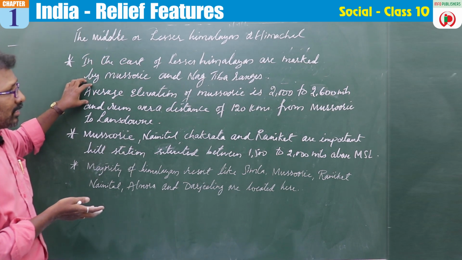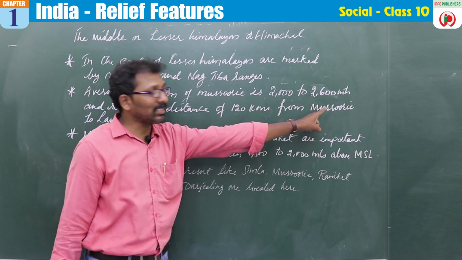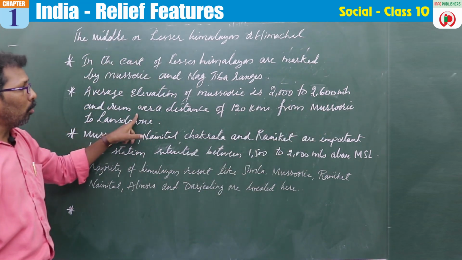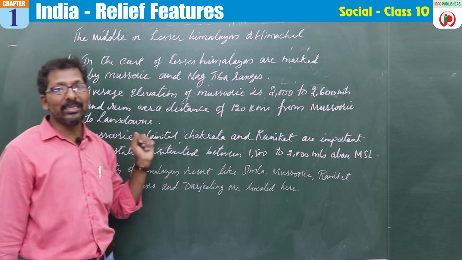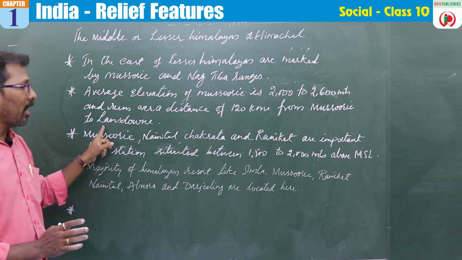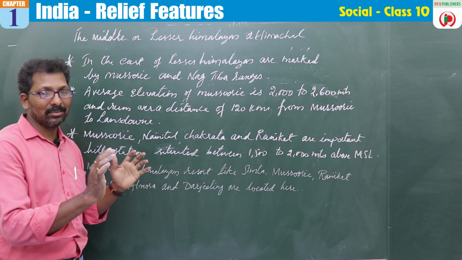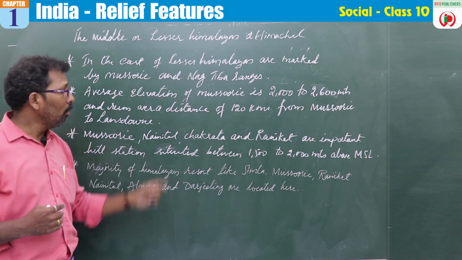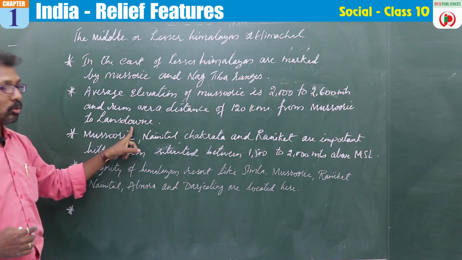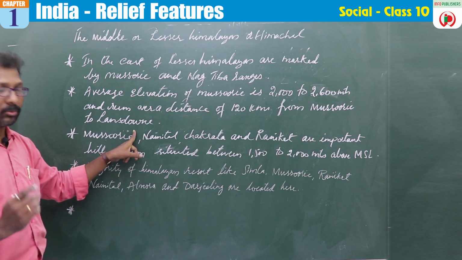The average elevation in Mussoorie is 2,000 to 2,600 meters, and it runs over a distance of 120 kilometers from Mussoorie to Lansdowne. This is the average elevation and the distance.